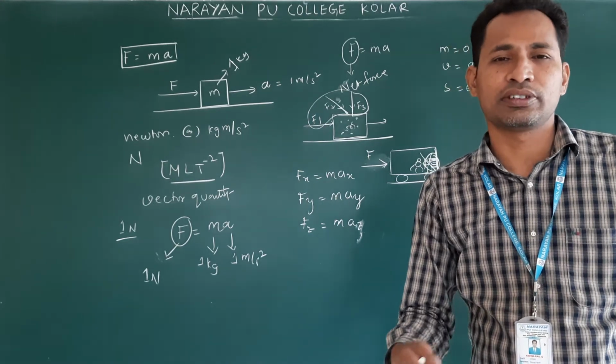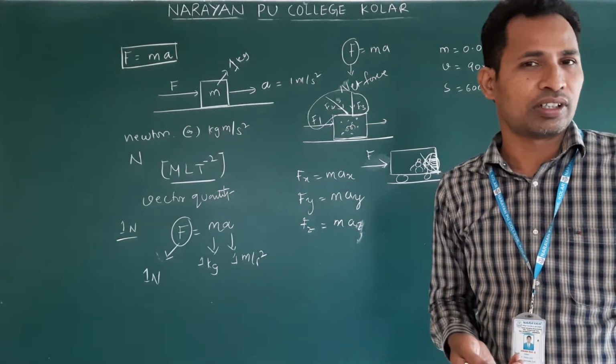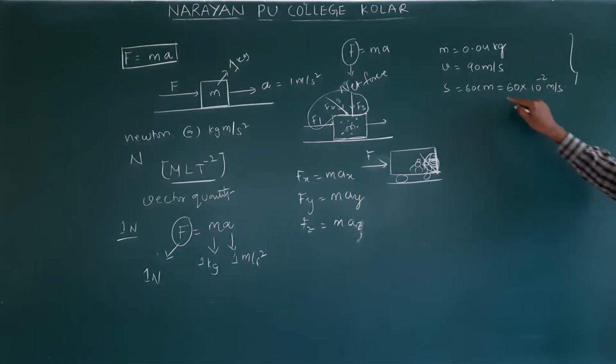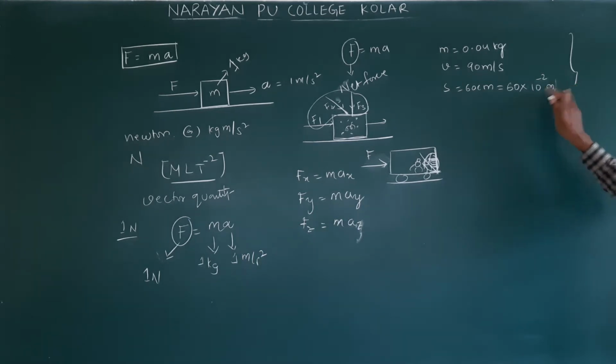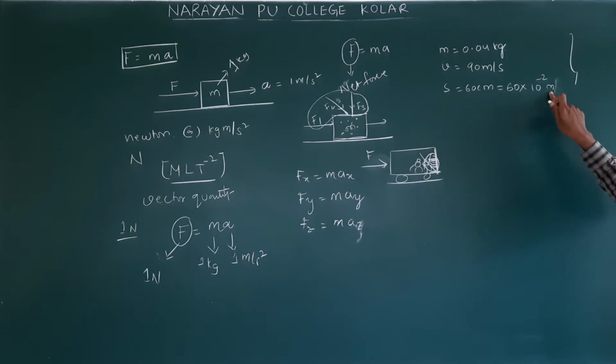So we need to convert to the SI system. Understand? So that's why I converted centimeters into meters. Centimeter is the CGS system, meter is the SI system. 1 centimeter carries 10 power minus 2. Already you have seen the conversion. Now they are asking F.